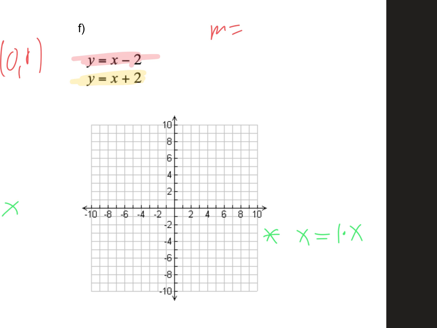So I can think of this as being 1 times x, which means my slope in this case is just 1. You could write it as 1 over 1 if you like using the rise over run method. So my slope is 1.